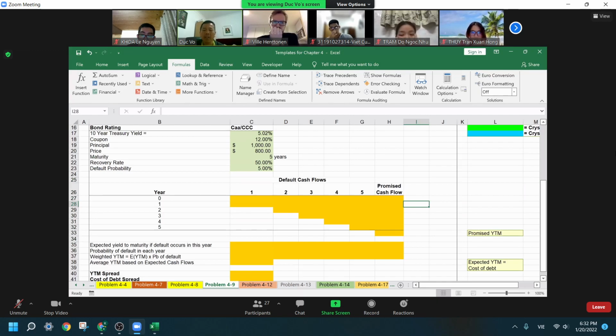So very obvious, the bond promises to deliver to me 120 as coupon payment. Am I right? I'm right.